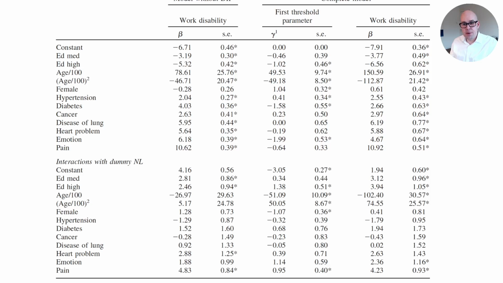And the final thing to notice is that this effect here, so this is the difference between the two countries, and this difference is, as I said before, coming from two sources. One is the difference in the reporting behavior, the other one is the difference in the true underlying health, let's say.